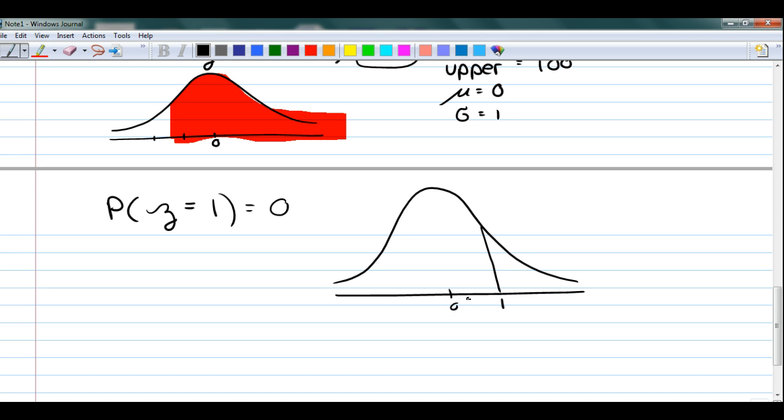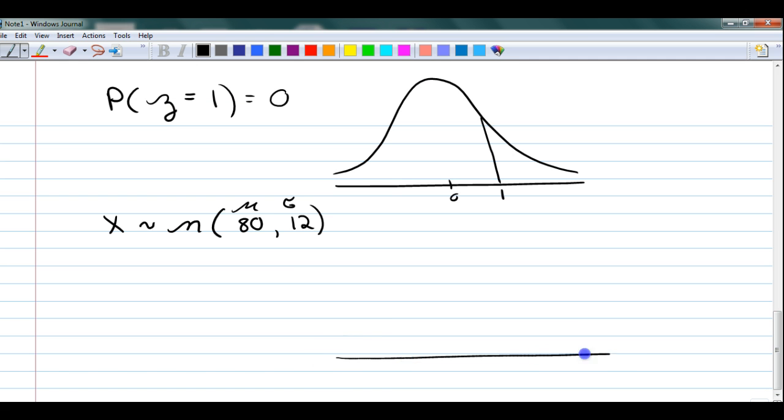But sometimes we have normal random variables, say x is normally distributed with a mean of 80 and a standard deviation of 12.